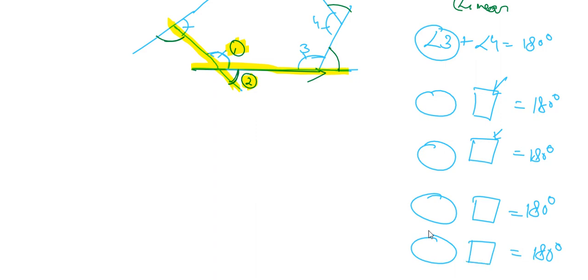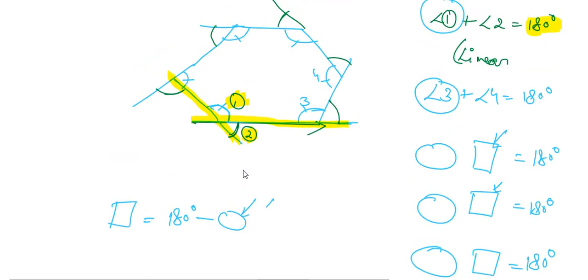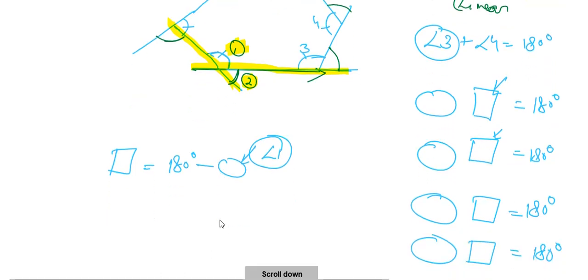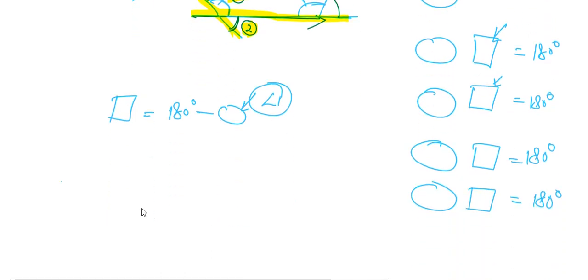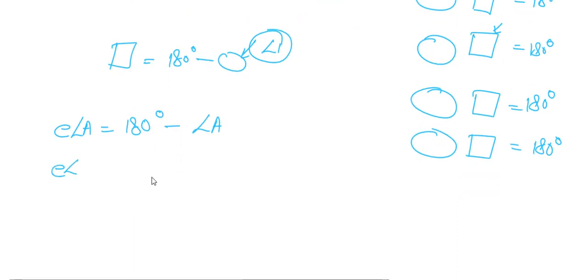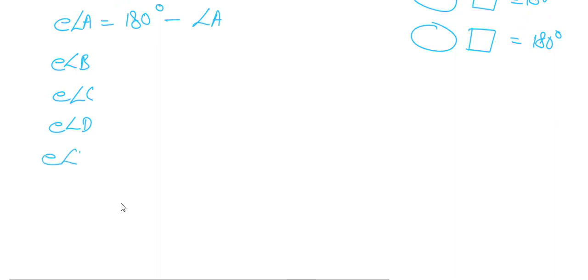Why always the same? It would yield 180 degrees minus the internal angle, which is my angle 1, since all are equal. So you may clearly say that any external angle is 180 degrees minus the internal angle. External angle of A is 180 minus angle A, and similar is the case with E of B, E of C and E of D. All external angles are equal to 180 degrees minus the internal angle.